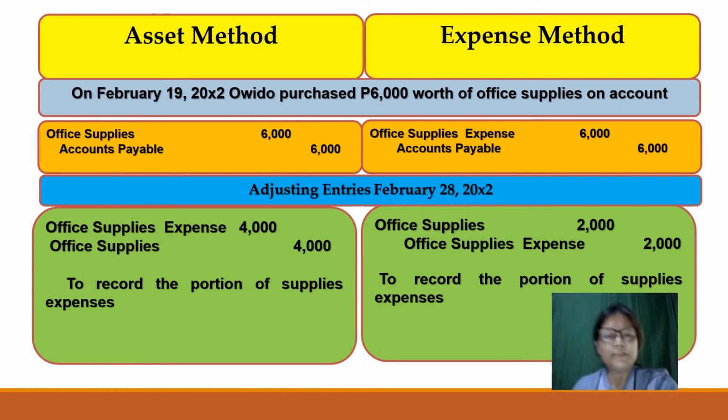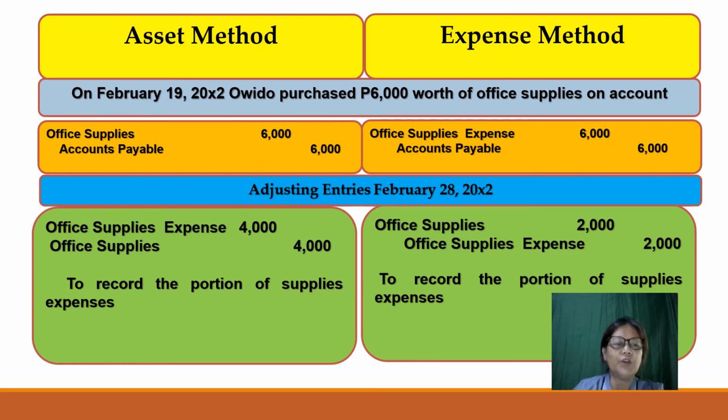Now, let's proceed to the February 28, 20x2 adjusting entries. Under the asset method, the account to be debited should be the office supplies expense. For how much? Because in the problem, it says that 2,000 pesos worth of office supplies remains unused.